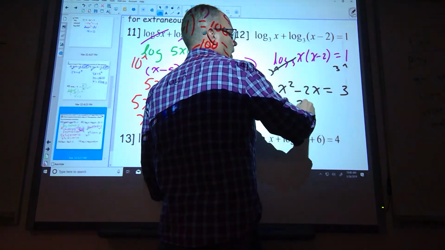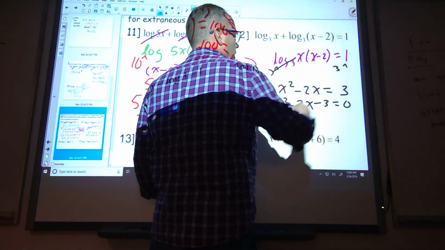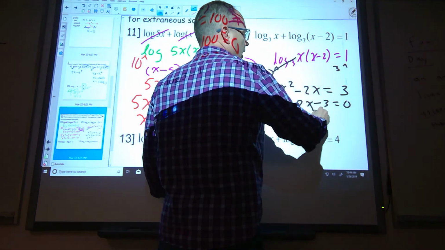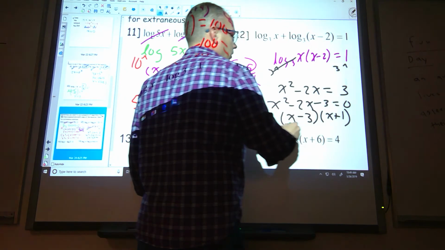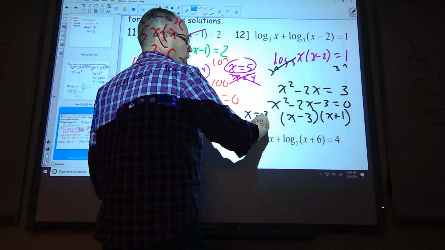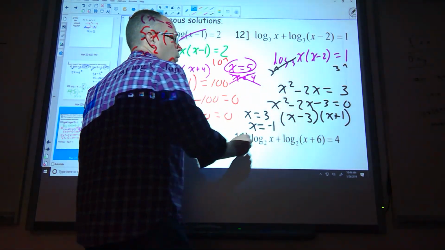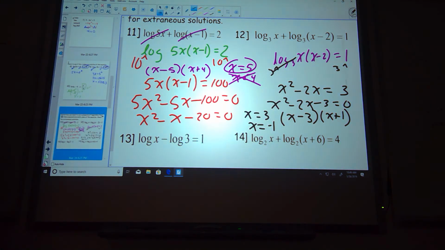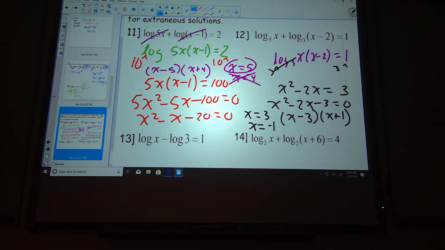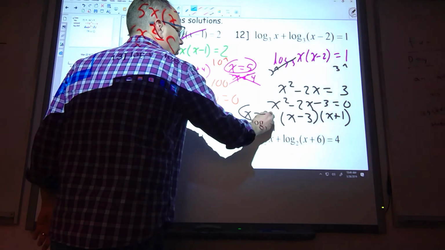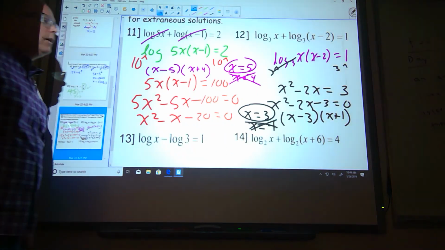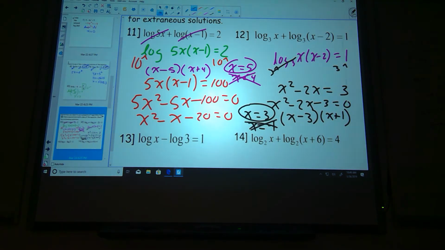X squared minus 2x minus 3 equals 0. So I get x minus 3 and x plus 1. That's factored. So I show that x equals 3 and x equals negative 1. Do either of those give us a negative log? Yes, the negative 1 does. If I plug the 3 in, it works on both. So here's my solution. That's an extraneous solution.